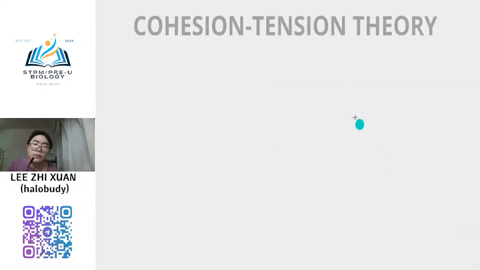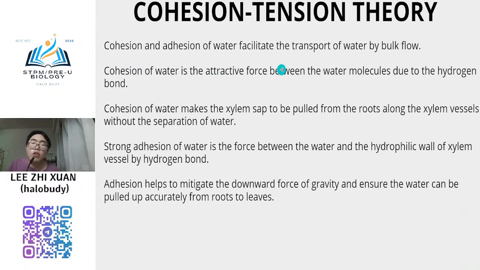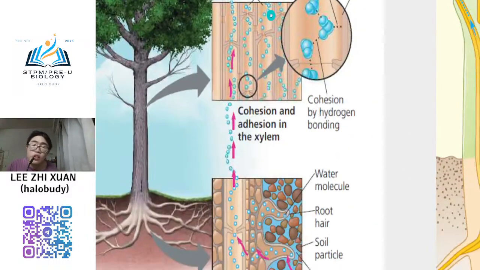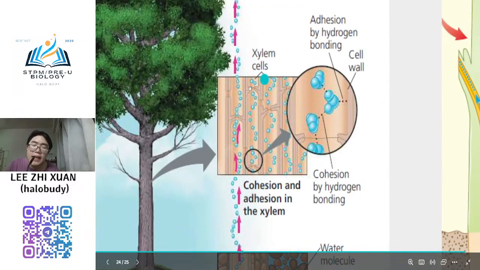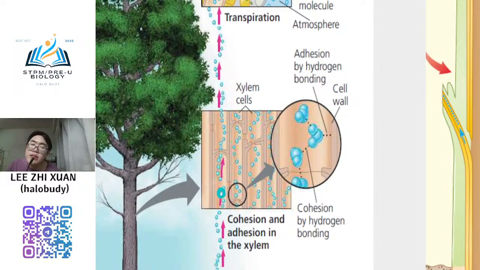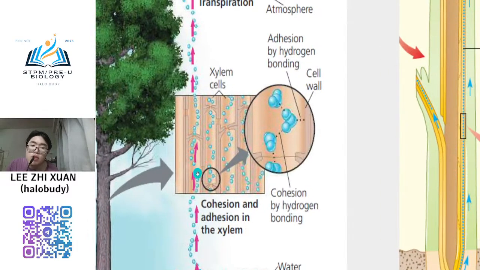Okay, so what does it mean? Normally in cohesion-tension theory, there are two main things you need to know: the cohesion of water and also the adhesion of water. So we go back to this diagram. Normally cohesion-tension theory occurs in the stem cell, meaning that your water molecule is transported through the stem xylem vessel, and the water molecule chain is unbroken.